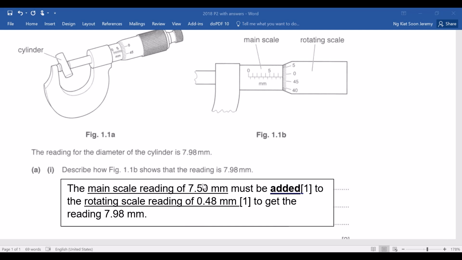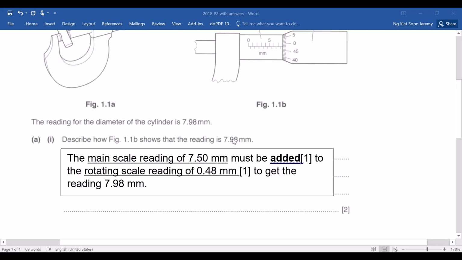These two values together will probably be 1 mark because they ask for describe. The second mark is probably given to the word added, so you have to add these two numbers together to get the final answer. I'm not going to go through how to read the main scale and rotating scale because I believe this is a skill that you should have. Otherwise, you probably should go revise your textbook.